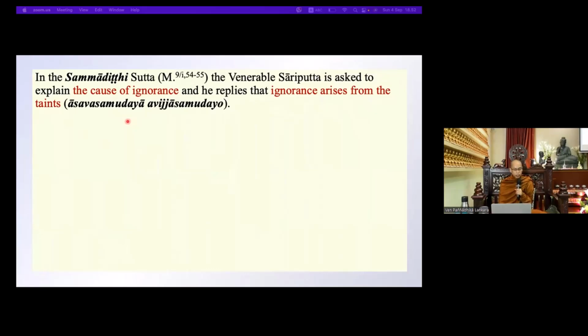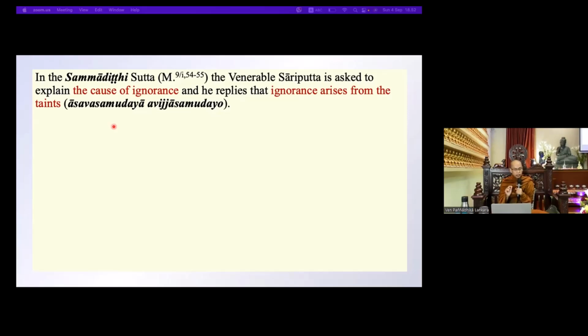Asava samudaya avijja samudaya. Due to the arising of the asava, the ignorance arises. If you closely think about it, the asavas are kamasava, bhavasava, ditthasava, avijjasava. So there, ignorance itself is one of the asava.